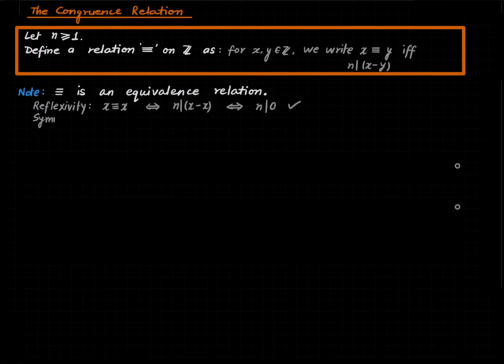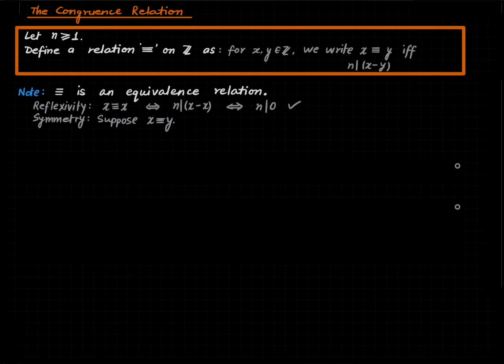Symmetry. Symmetry is asking that suppose x congruent to y. I'm reading the symbol as congruent to, but as of now I should just say x related to y. So suppose x is related to y under this relation.